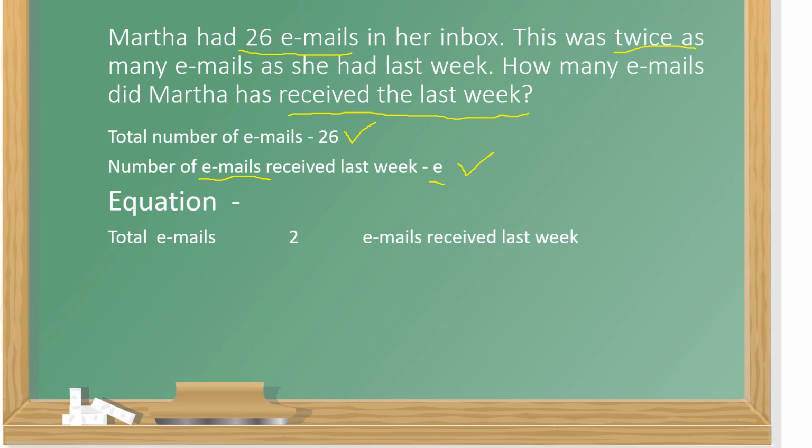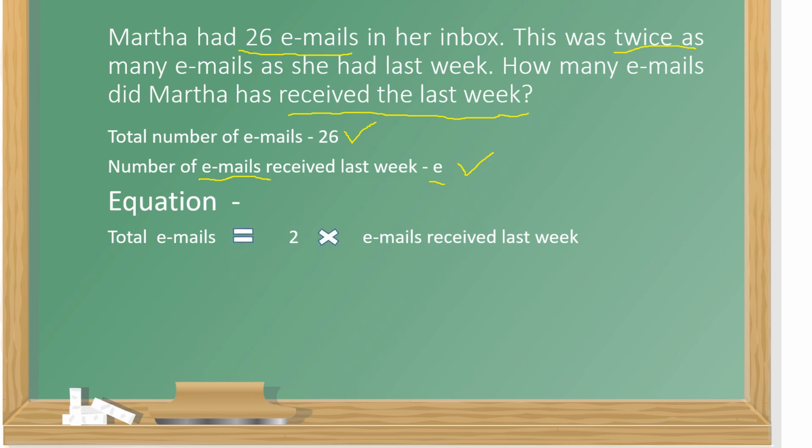Again, I have total number on one side, which is total emails. Then I have twice, which I will use 2 as a number, and emails received last week, that is E, and I do not know what that is. But here I will not use plus sign as I used in the previous problem.